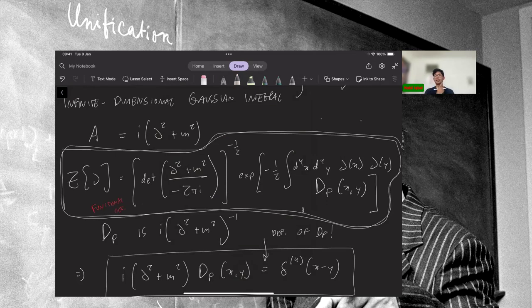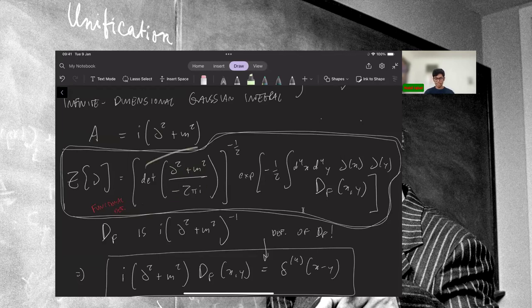In the homework, you will calculate this for a quantum mechanical example. To calculate it, if you want to find the determinant, what you should do is find all the eigenvalues and take the product over all the eigenvalues. That gives you the determinant. And that, of course, is something you can do for differential operators. That's what the functional determinant is. This 2 pi i, notice that it's inside the determinant, which really means it's 2 pi i raised to the power of infinity.